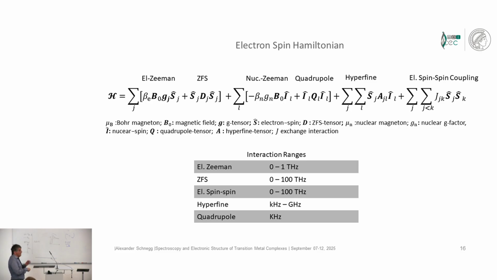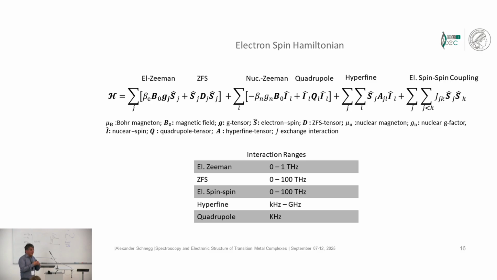Hyperfine interactions are a super rich source of information in magnetic resonance. This is the coupling between the electron spin and the nuclear spin, parametrized by the hyperfine tensor, and in addition spin-spin couplings.